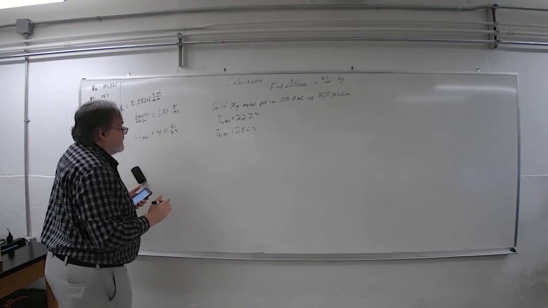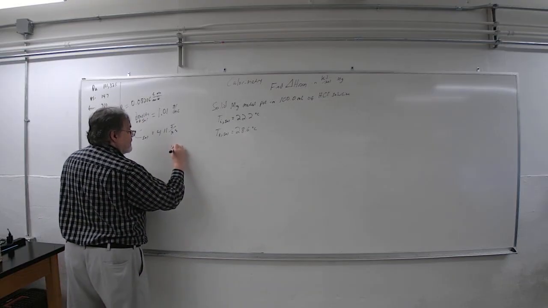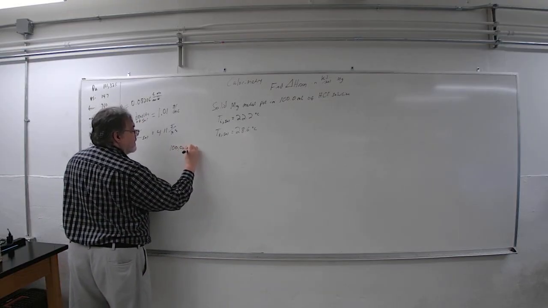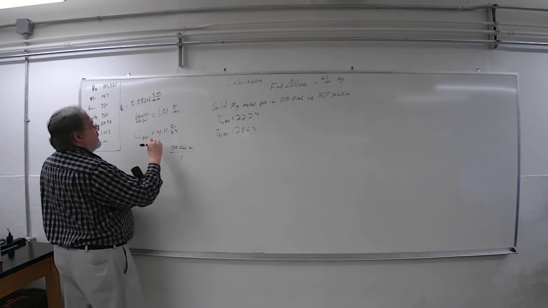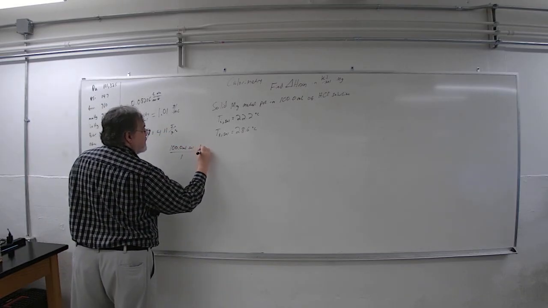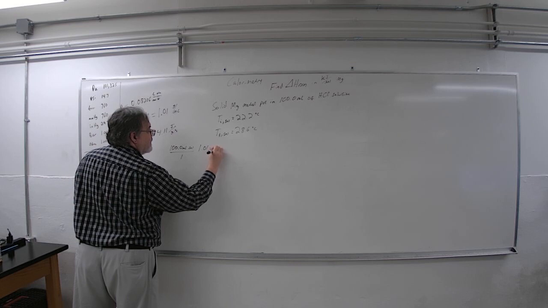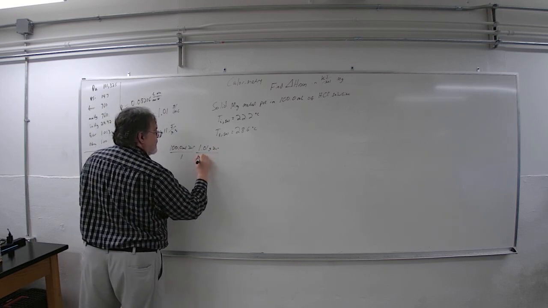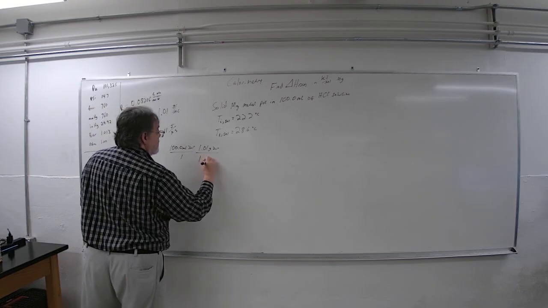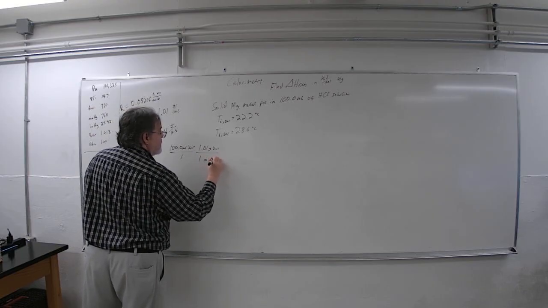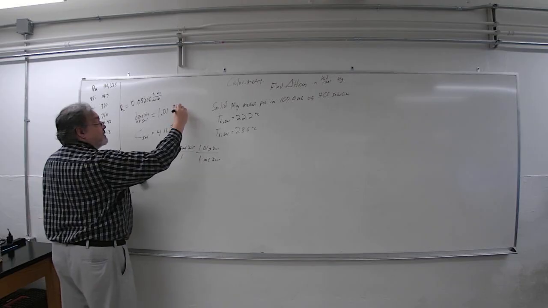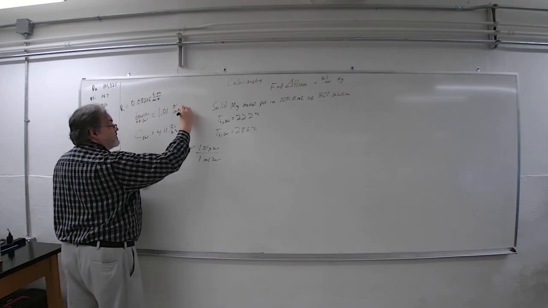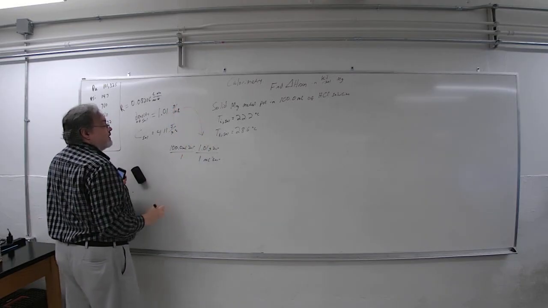You have 100 milliliters of solution. If this is the density, grams of solution per 1 milliliter of solution, so this grams per milliliter is what I've got here.